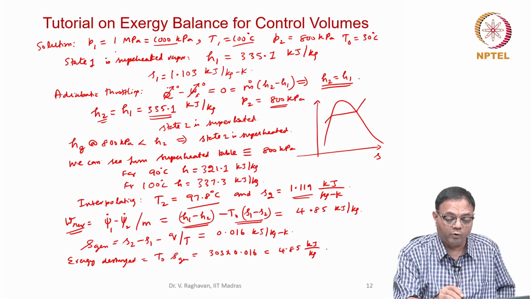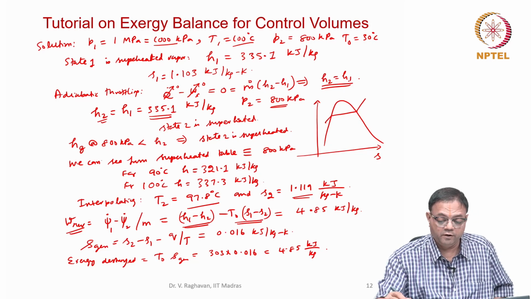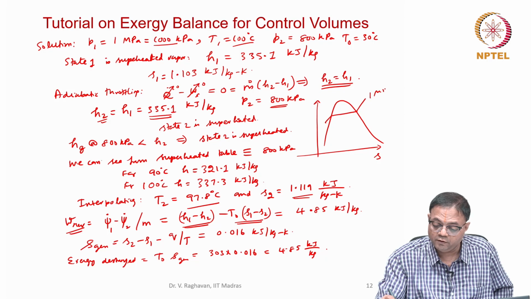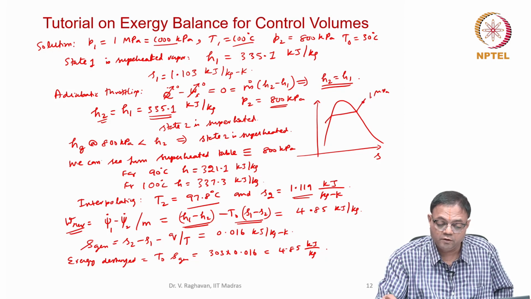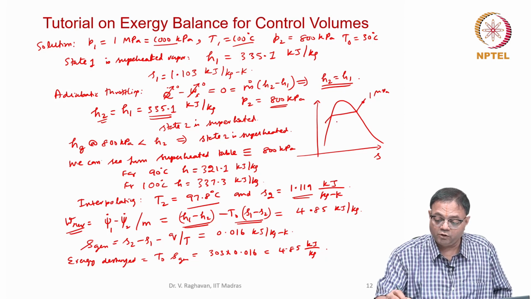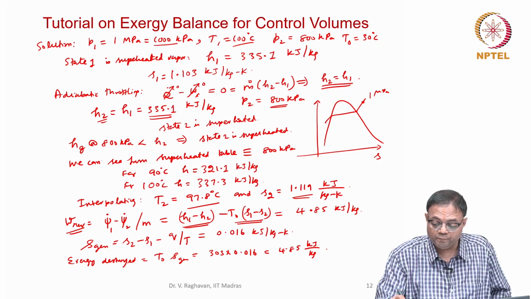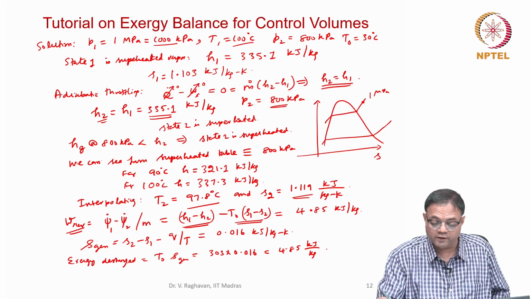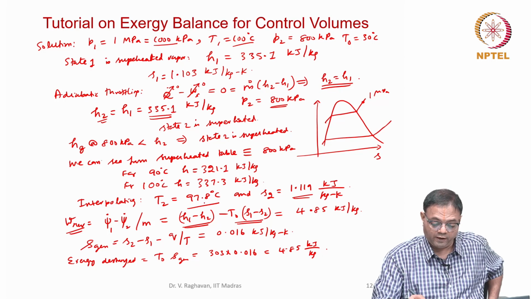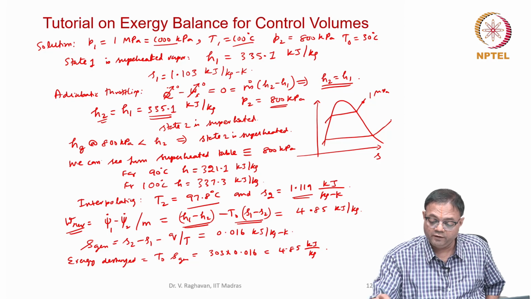Throttling here from 1 megapascal, 100 degrees centigrade, a superheated vapor, to 800 kilopascals, again a superheated state. The temperature has gone down to 97.8 something. So this is 800.